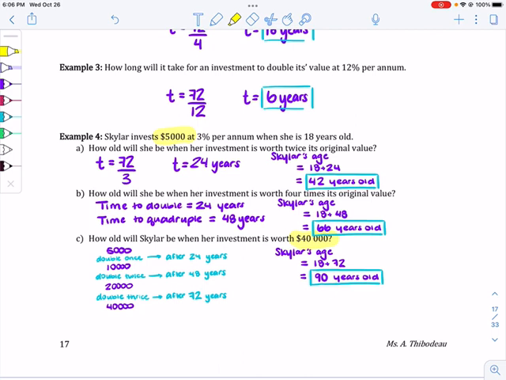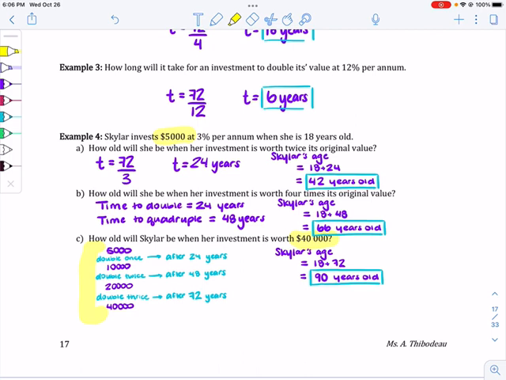Key tip here: I always like writing out what the doubling looks like, because year after year there are students who go, okay, 5,000 doubled is 10,000, so I've increased by 5,000, so the next doubling will be 15,000, and the next will be 20,000. But that's not true.